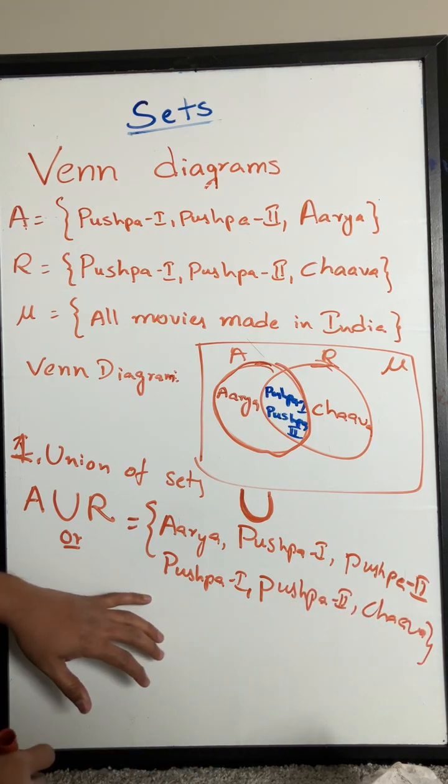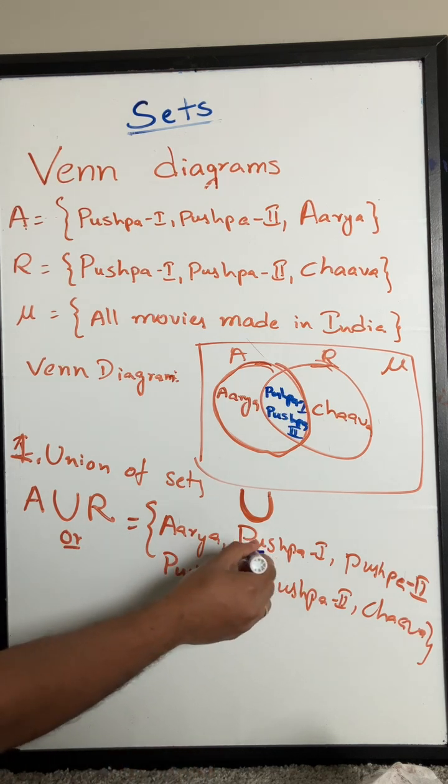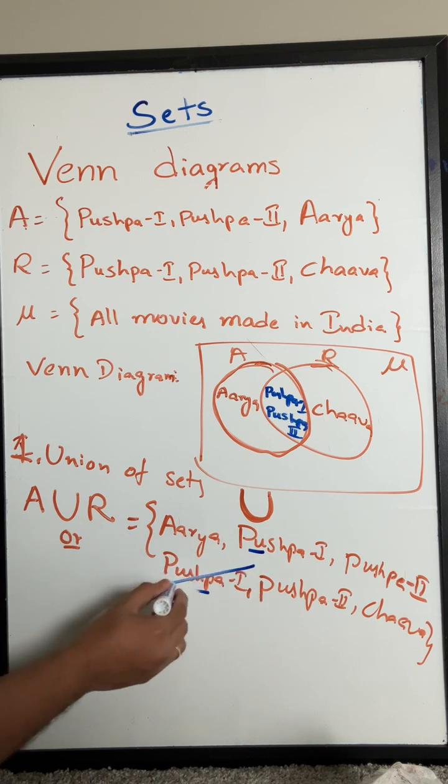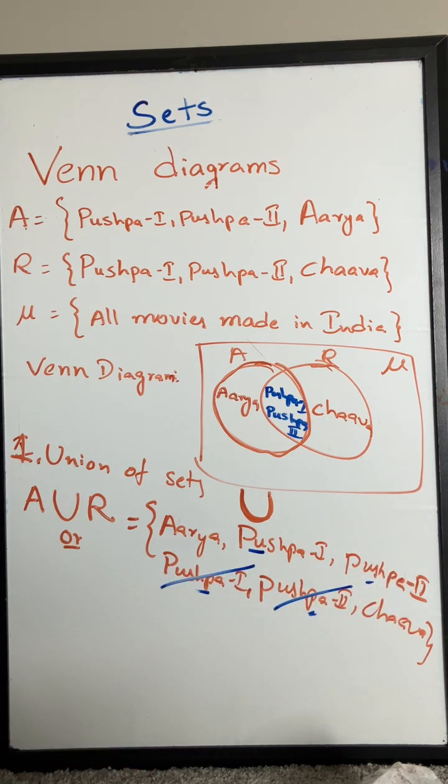But what is the concept of sets? We need not have duplicates. So what are the duplicates here? We have Pushpa 1, Pushpa 1, so we can cut one. Pushpa 2, Pushpa 2, we can cut one. So what is the final set we got from A union R?